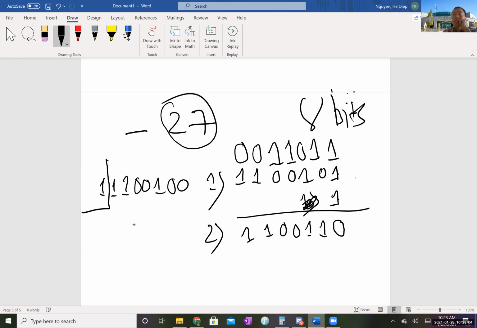And this one, you don't have an overflow, so keep it the same. So you see that if you want to convert negative 27 here to two's complement, you will have 1, copy it here, 1, 1, 0, 0, 1, 1, 0 here. Is that correct?